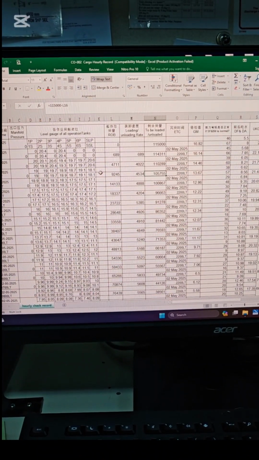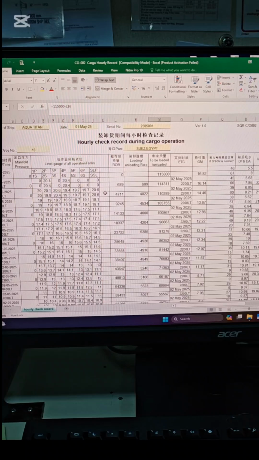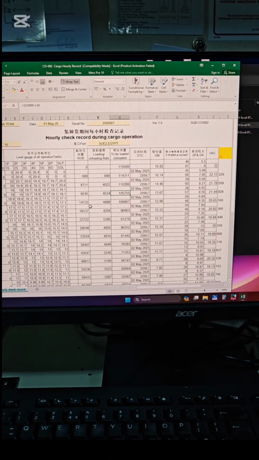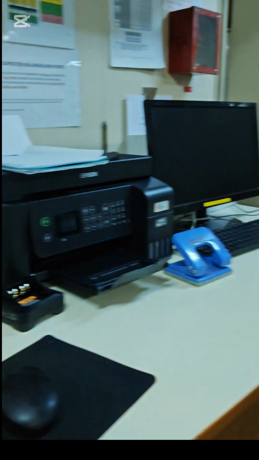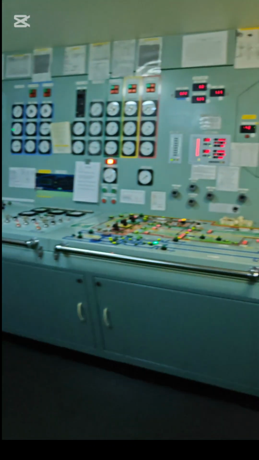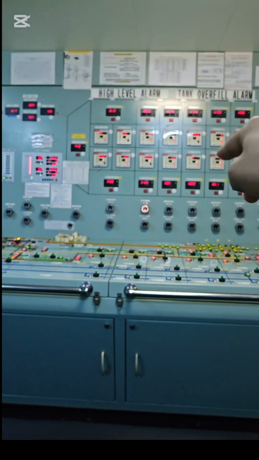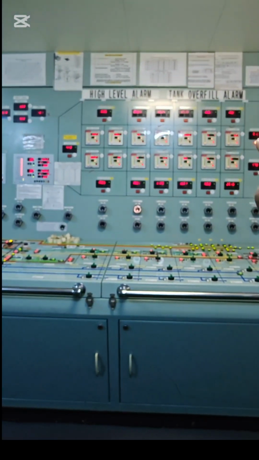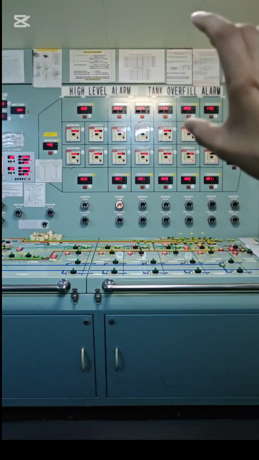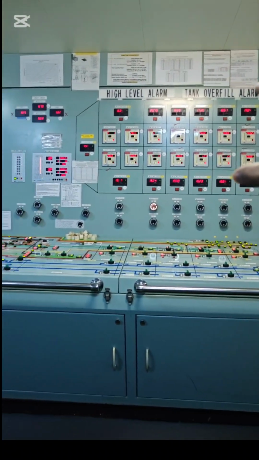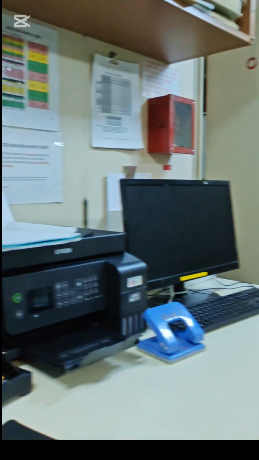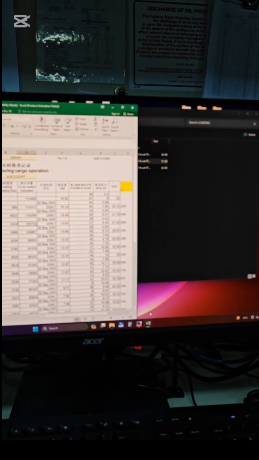One more very important thing: when you get your ullage level or sounding level from your tank radar, as I already told you, after getting the ullage and sounding you will come to the loadicator. You have to understand the loadicator also.